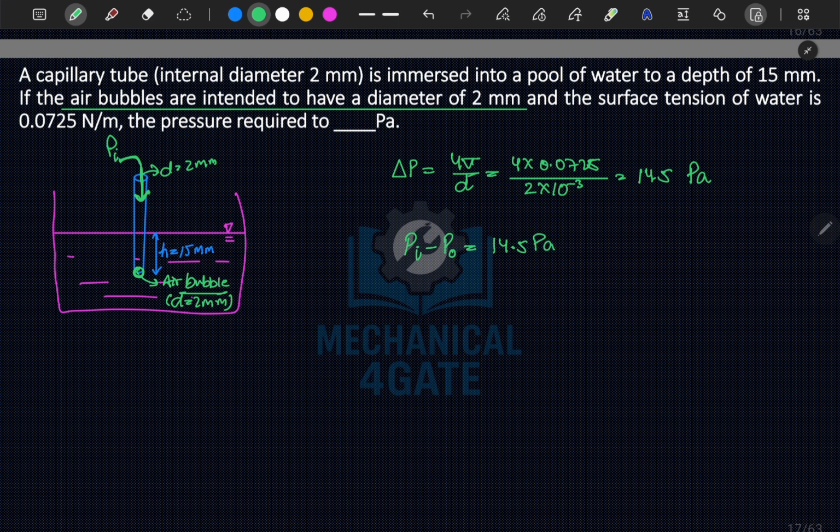So we have to calculate Pi. We know that 14.5 plus P outside is equal to Pi. Here at this point, P outside is equal to rho g h.